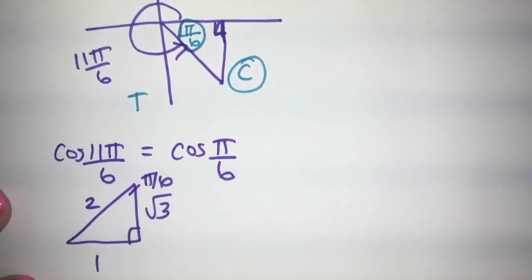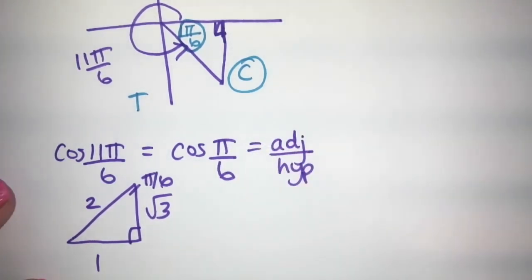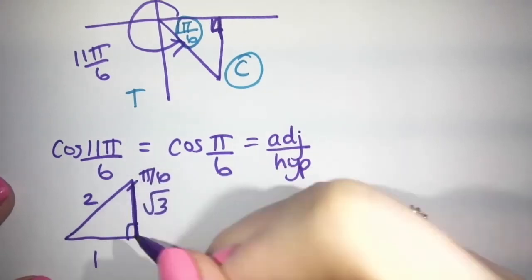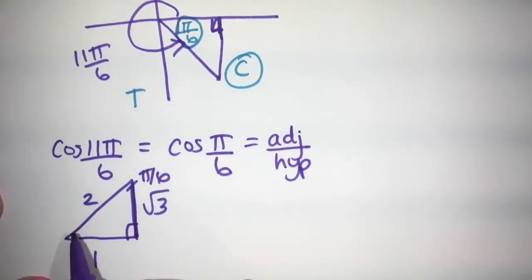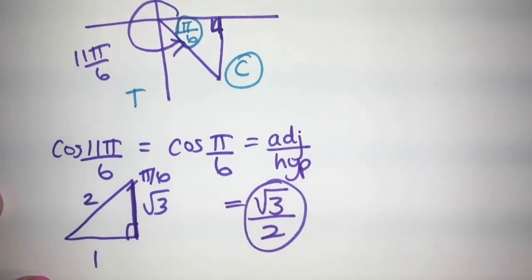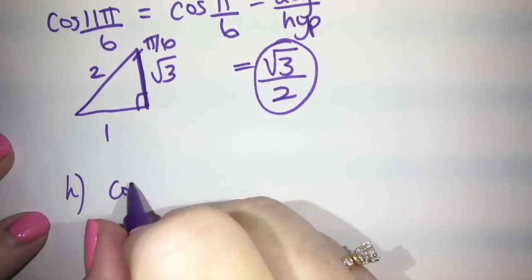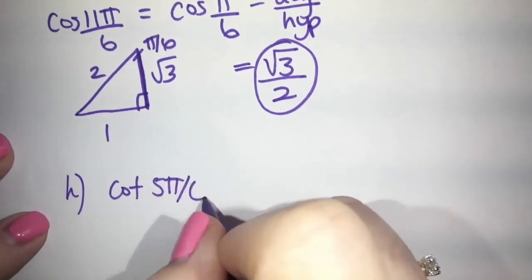With SOHCAHTOA, we're looking at adjacent over hypotenuse. Adjacent is root 3 and hypotenuse is 2. So this is positive root 3 over 2.